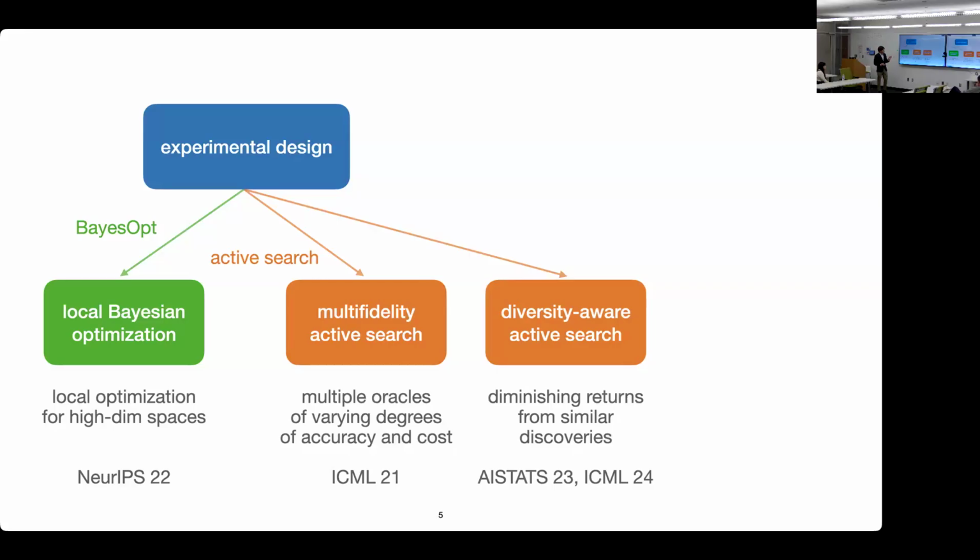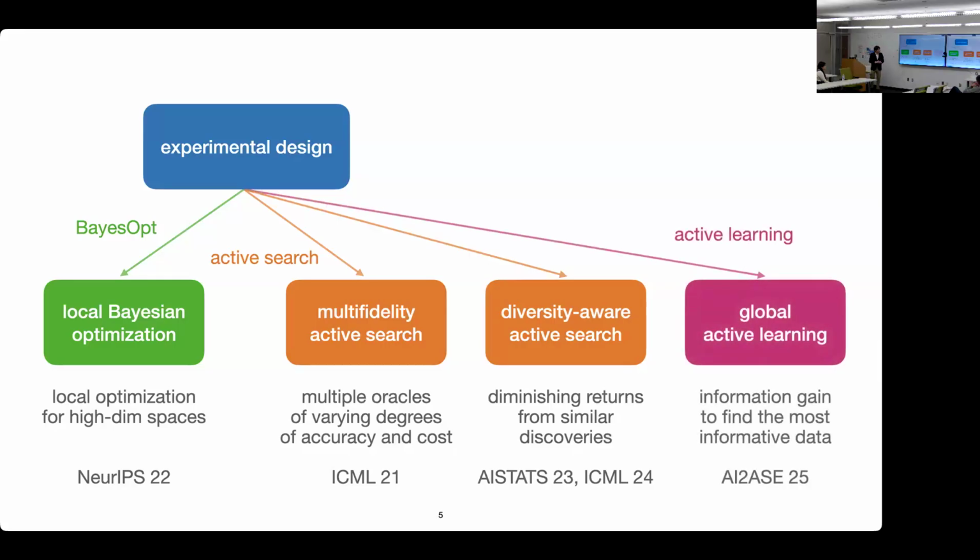So in this work, we propose a new utility function that induces a diversity-aware search strategy that would return a diverse set of data points.